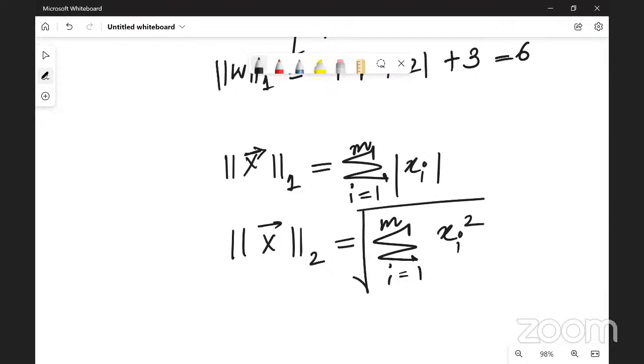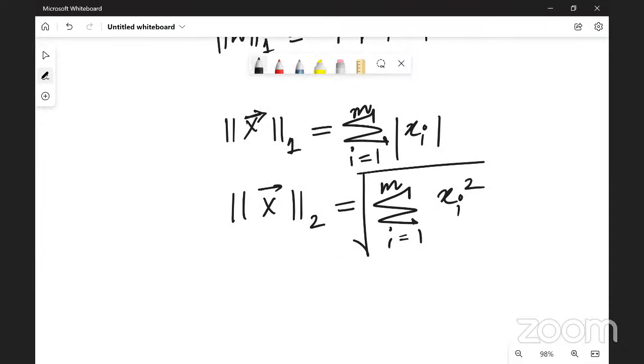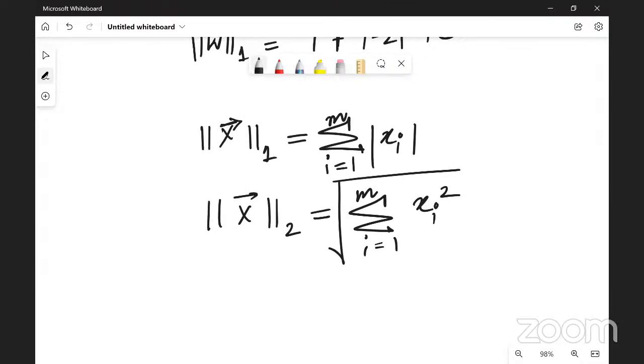So the second norm is also equivalent to the Euclidean distance. Okay, sir, clear.